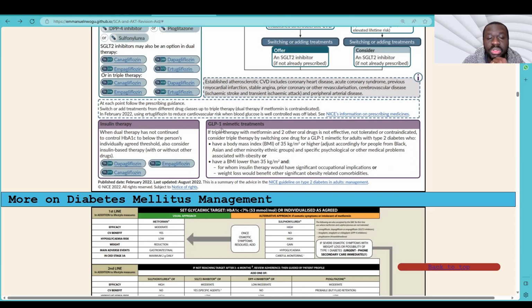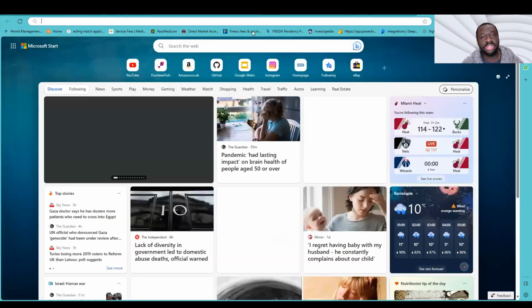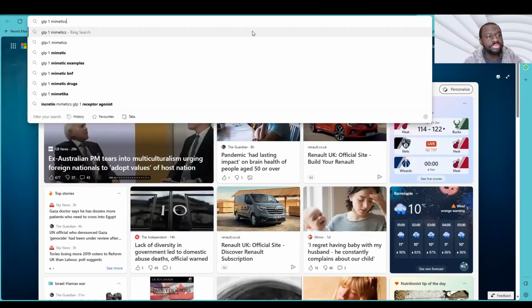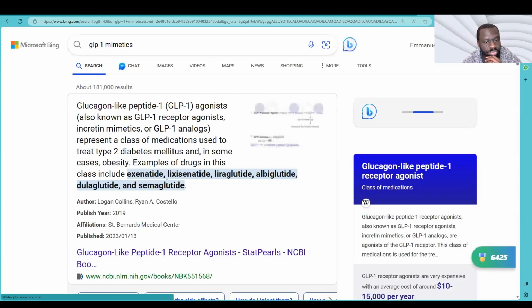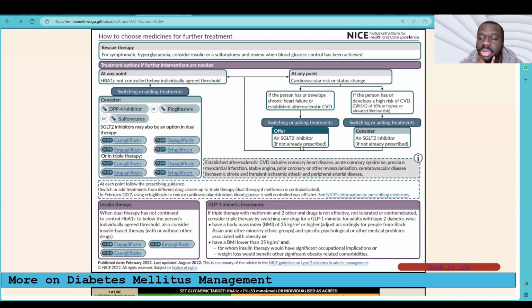So the GLP-1 mimetic treatments. Let me have a quick look at these GLP-1 mimetics. So things like exenatide, and semaglutide. That's where semaglutide comes in.